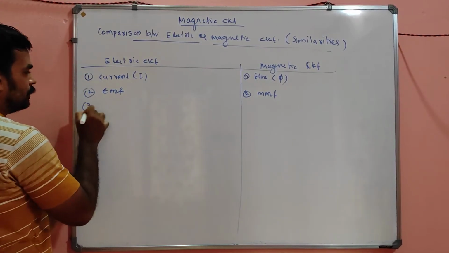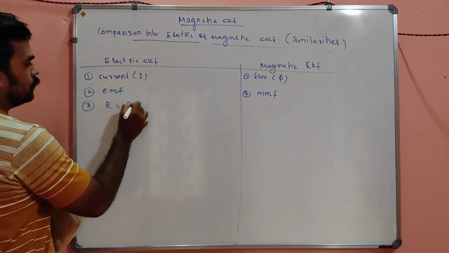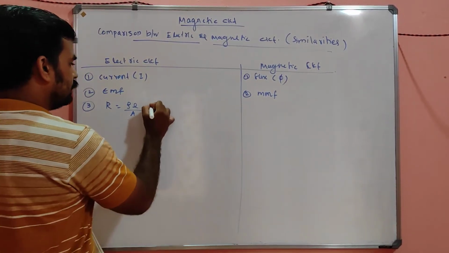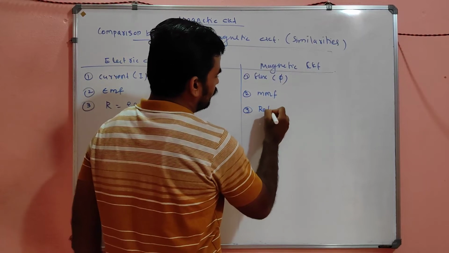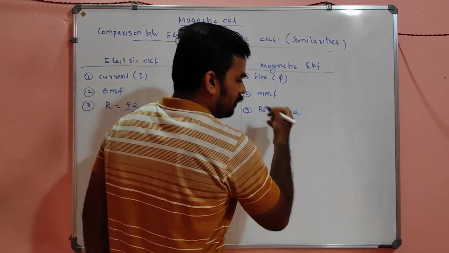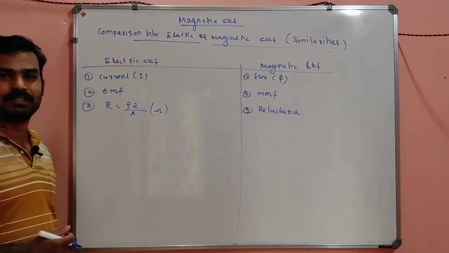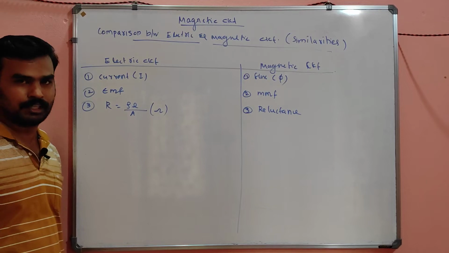And third one, resistance R is equal to rho L by A, in ohm. The same parameter here is, my dear, reluctance. Reluctance is the opposition made by the magnetic circuit to the magnetic lines of force, similar to the resistance in the electric circuit.